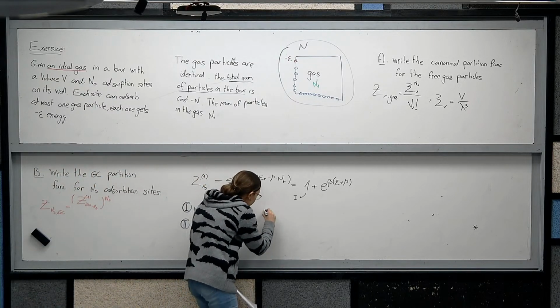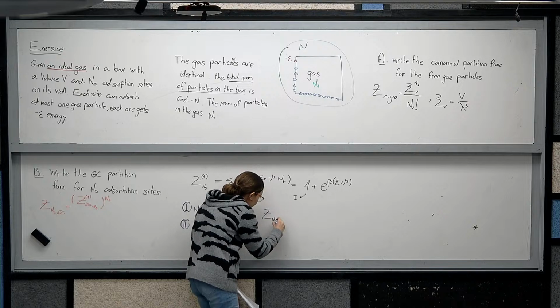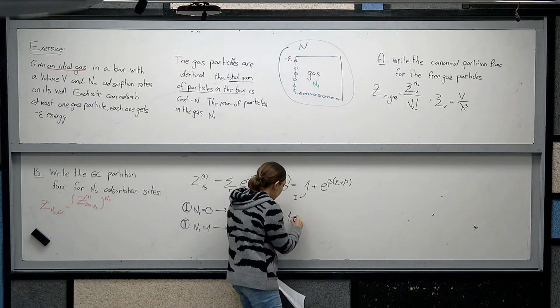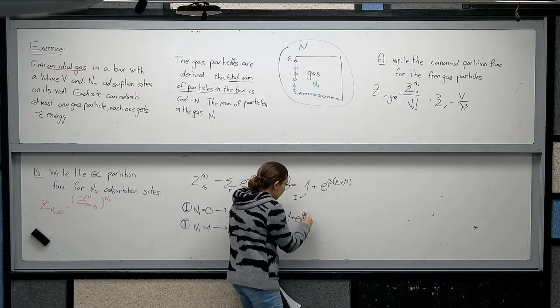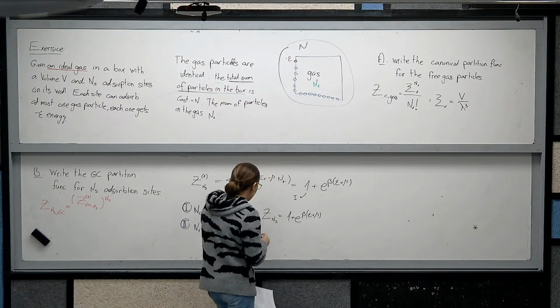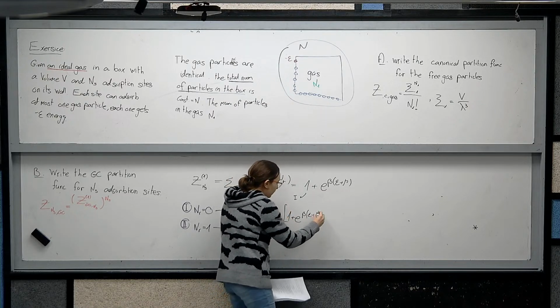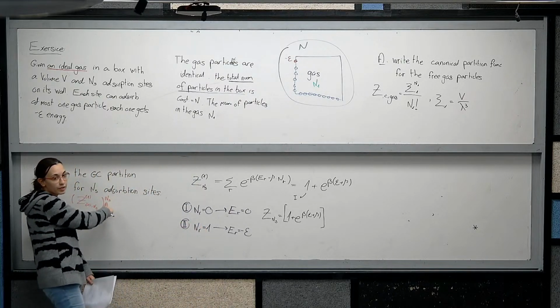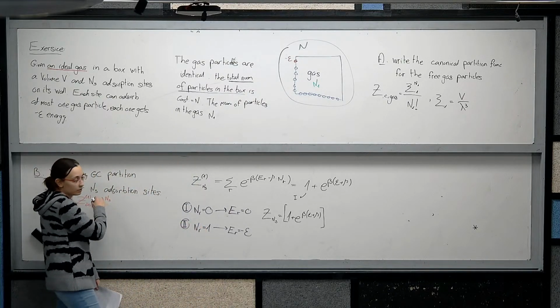So the total partition function will be equal to this term, the exponent of beta times epsilon plus mu, to the power of the number of adsorption sites.